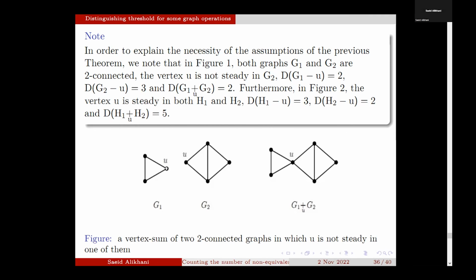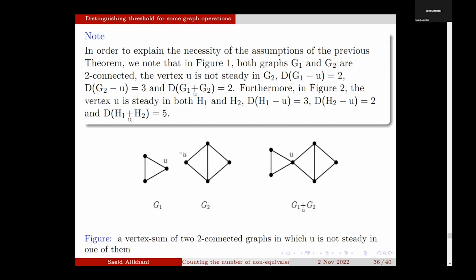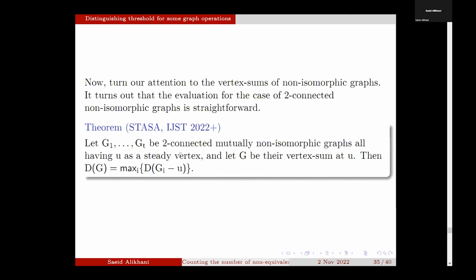The vertex u is not stable in G2, and the distribution number of G1 minus u is 2, and the distribution number of G2 minus u is 3, but the distribution number of the vertex sum of these two graphs is 2. And also you can see here a vertex sum of two graphs which are not connected, with u stable in both of them. So the assumptions in this theorem are necessary.